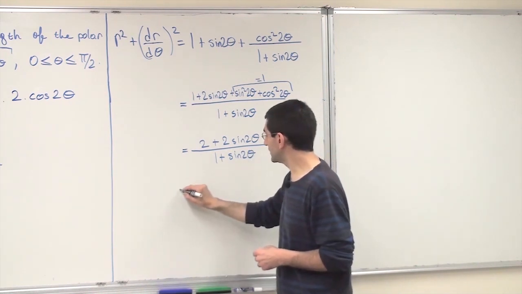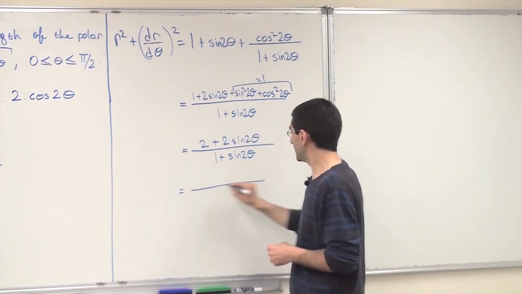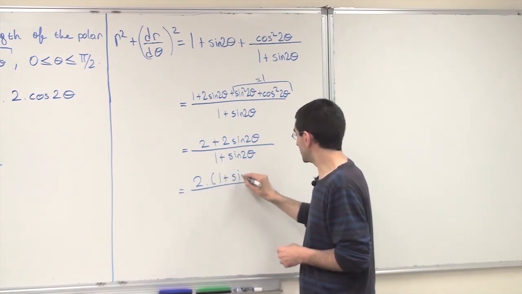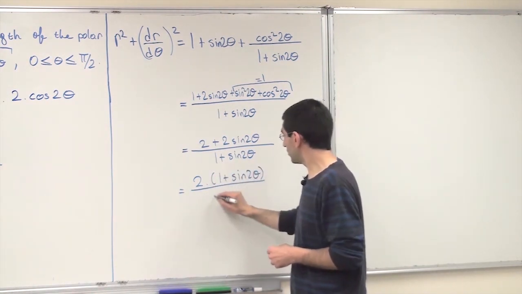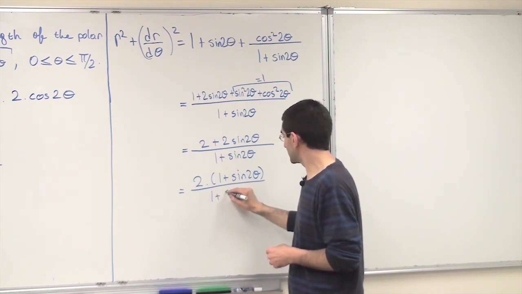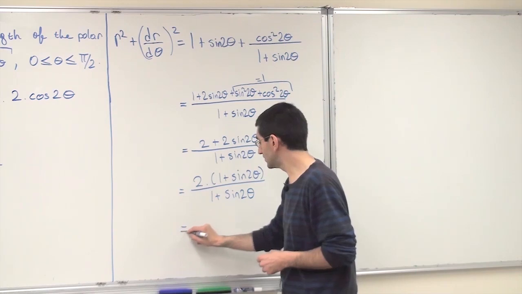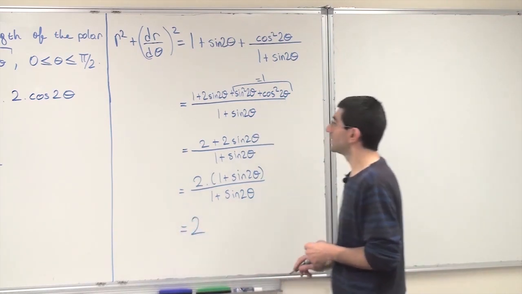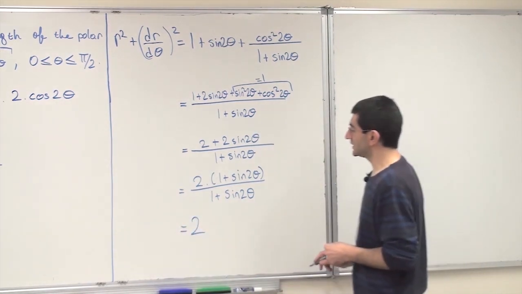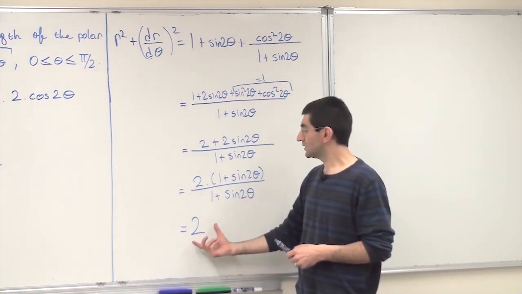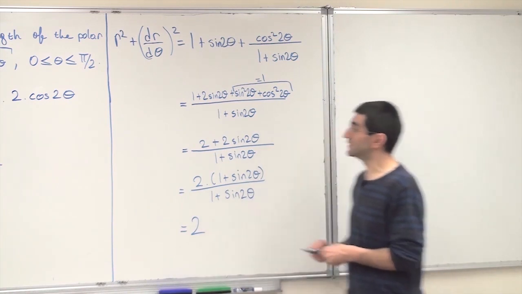If you factor out a 2 in the numerator, you will get 2 times 1 plus sine 2 theta all over 1 plus sine 2 theta, and that simplifies to 2. So the expression inside the square root is going to be 2.